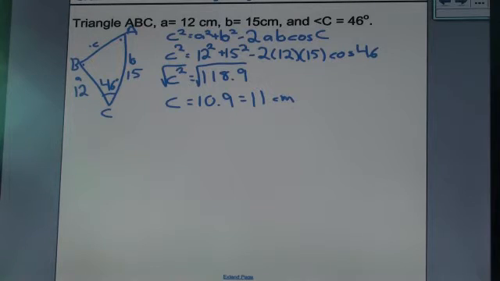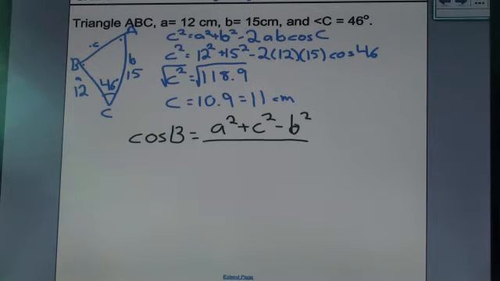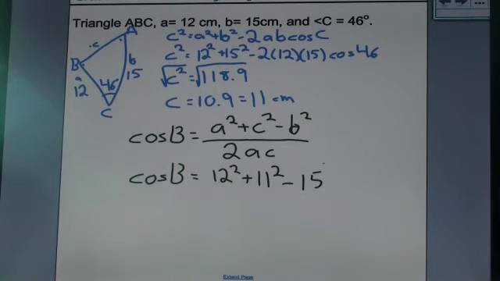So for angle B, I would say cosine of angle B. And then I would use the other two sides. So I'm using B here. I'm going to use A and C. So A squared plus C squared minus B squared all over 2AC. So I get cosine angle B equal to 12 squared plus 11 squared minus 15 squared all over 2 times 12 times 11.